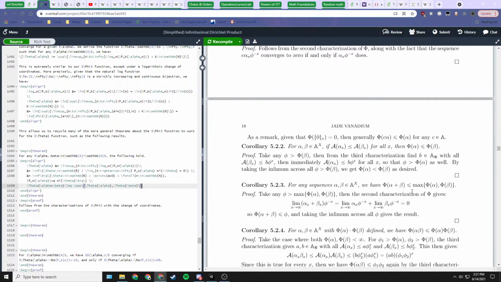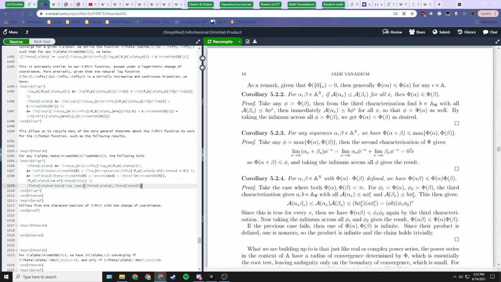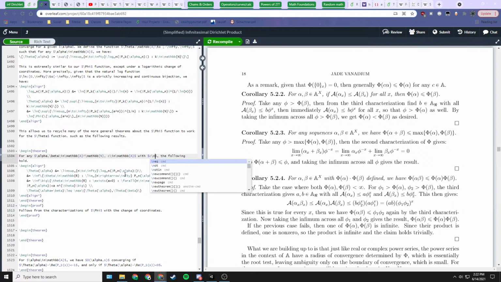Okay, so then we also have, so we have this, we could try to state this, and we also want this. So we can actually say, for alpha, beta in A, the following hold: alpha, beta in A, and C in A, with C non-zero, right?